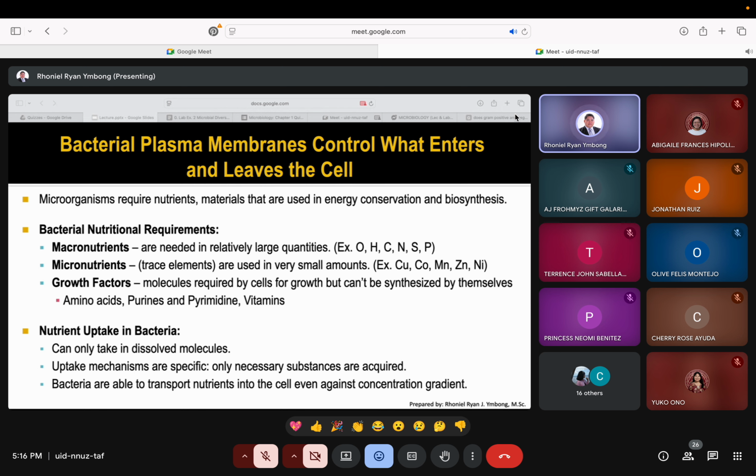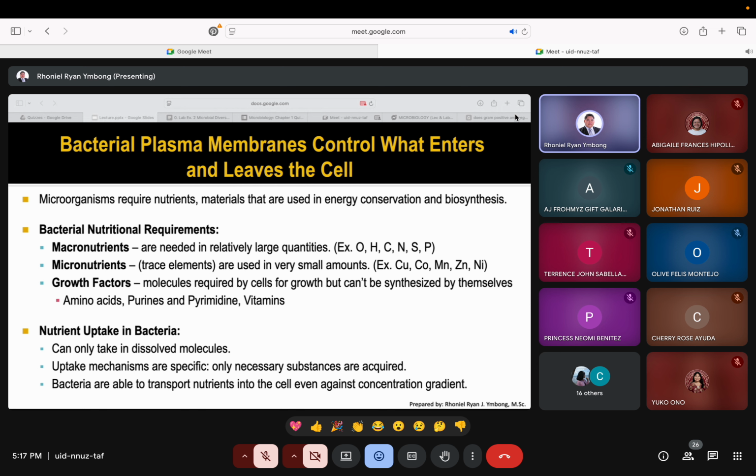So, these growth factors, rather, can be in three forms. So, you can have the amino acids, then you also have the purines and pyrimidines, no, which are actually the nucleotide bases in our genetic material. And then you also have the vitamins. Okay?